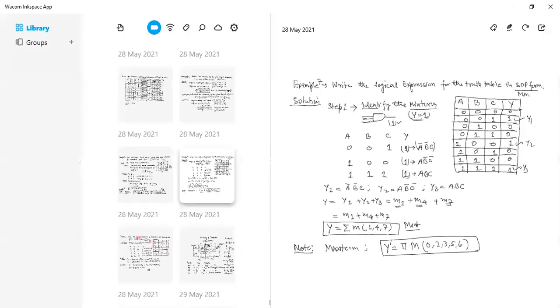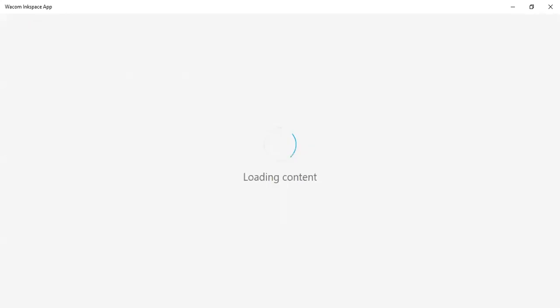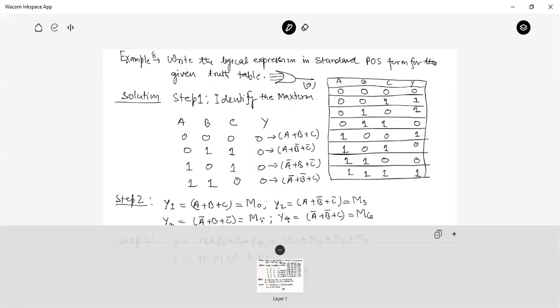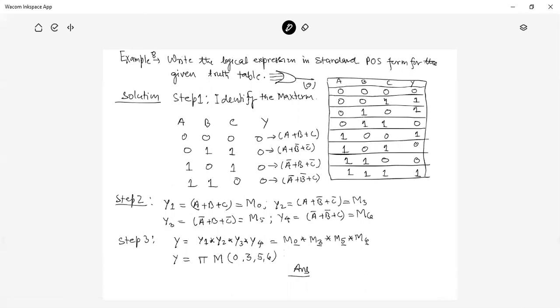So the other example, example number 8, is: write the logical expression in POS form for the given truth table. For this given truth table, we have to find the max terms, that is, the terms corresponding to output 0. So we take the output 0 and the corresponding inputs.